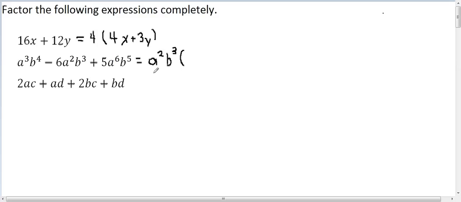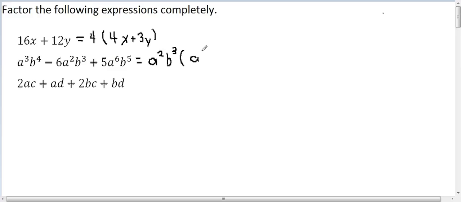Now that we know what we're going to factor out from each of the terms, let's see what we have left. First, we have a cubed and a squared. So that's a difference of 1. 3 minus 2 is 1. So we'll have just a left. Next, if we compare b to the 4th power to b cubed, once again, 4 is bigger than 3 by 1.